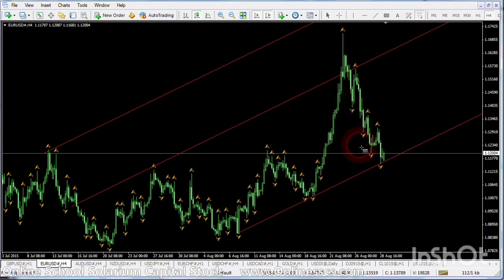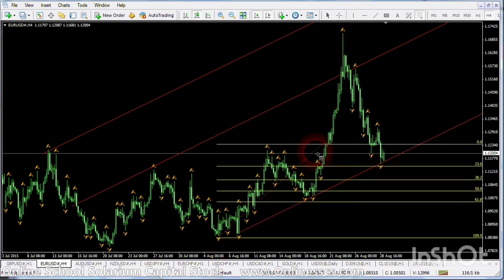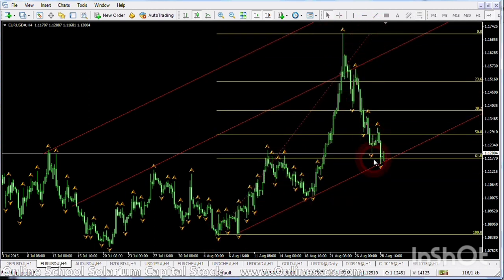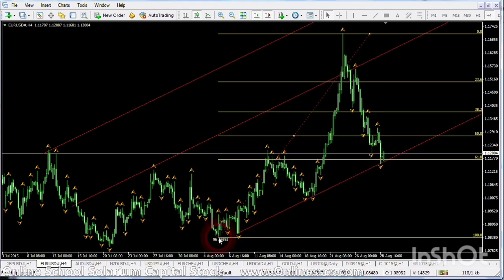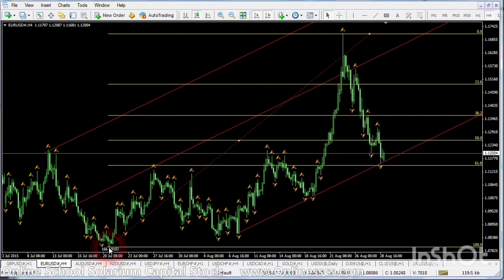I have Fibonacci. I can draw it from cap to the floor or floor to cap. There's a high for me here. My Fibonacci has hit 61, but I have another one here, the major Fibonacci.